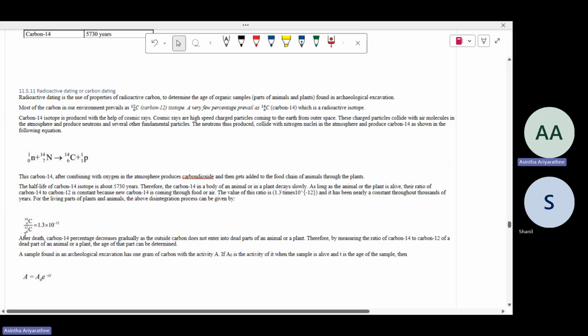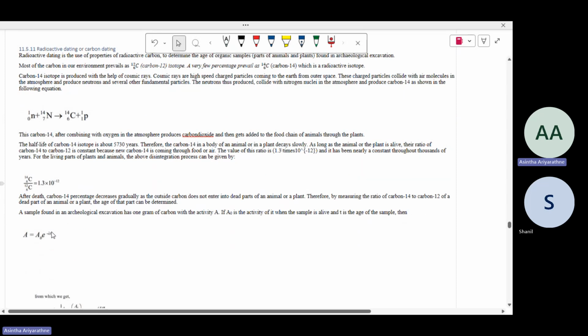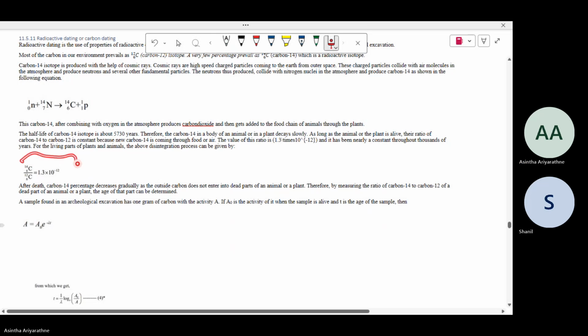The ratio between the carbon-14 isotope and the carbon-12 isotope is constant for any living being during its lifetime, 1.3 times 10 to the power minus 12. You can see the number of carbon-12 isotopes is considerably higher.